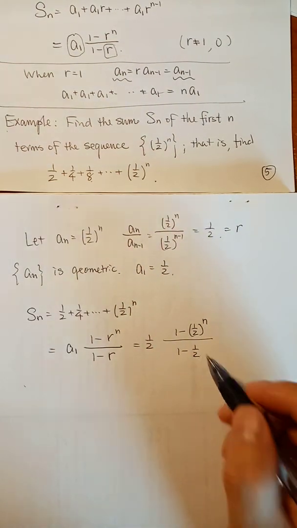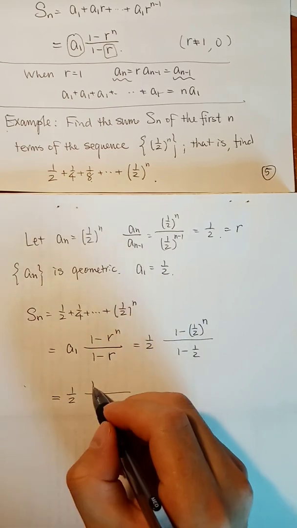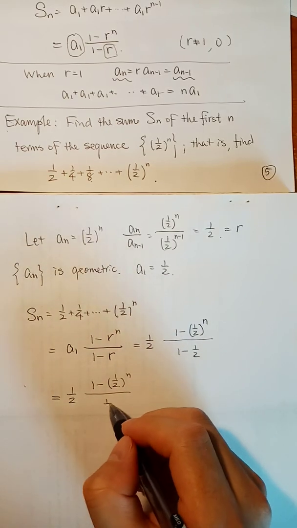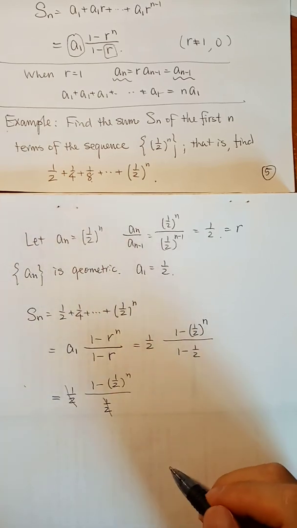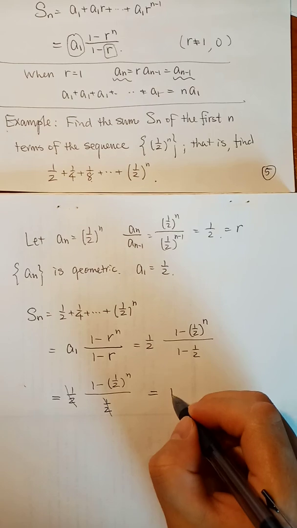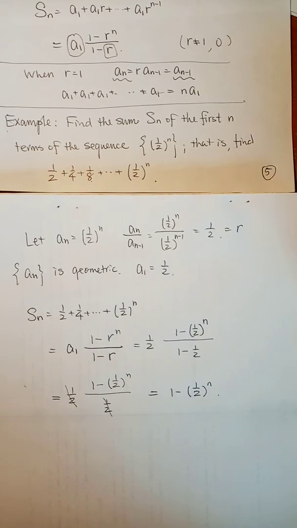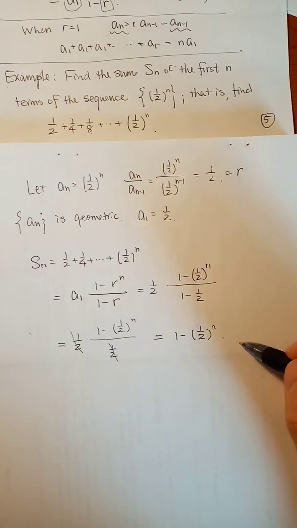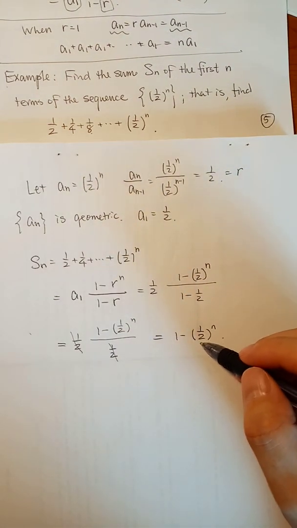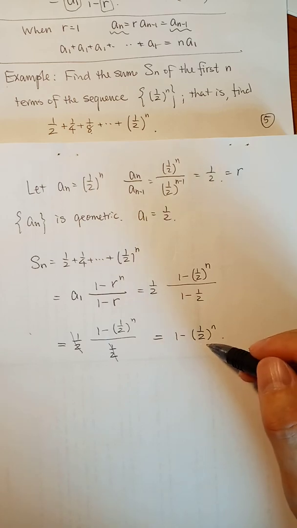So 1 minus 1/2 is 1/2. Clearly, you cancel 1/2 from numerator and denominator, so you only have 1 minus (1/2) to the nth power. Okay? So that's the sum of the first n terms of a geometric sequence.